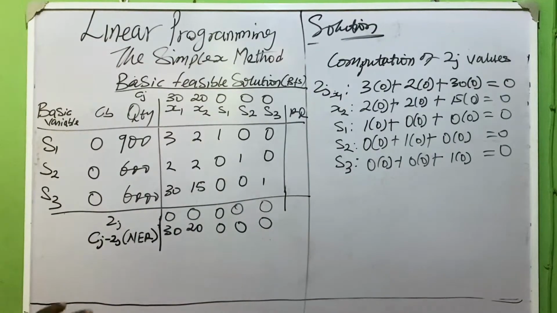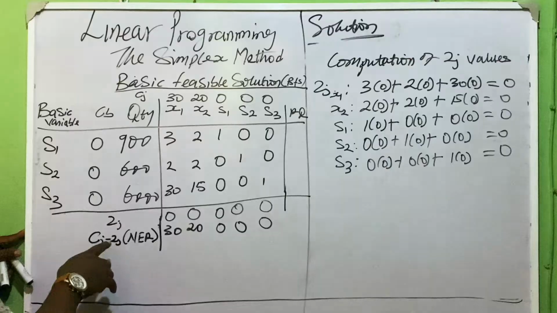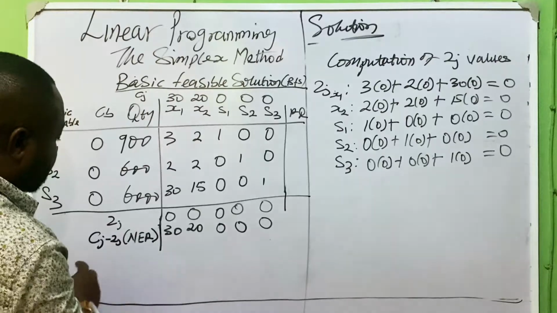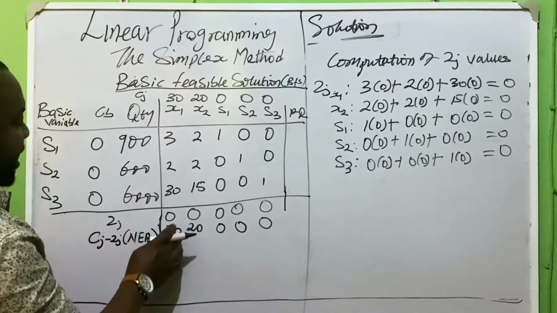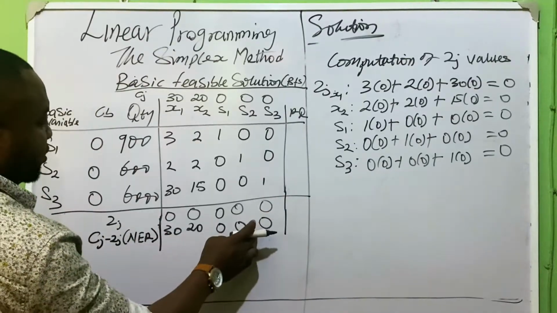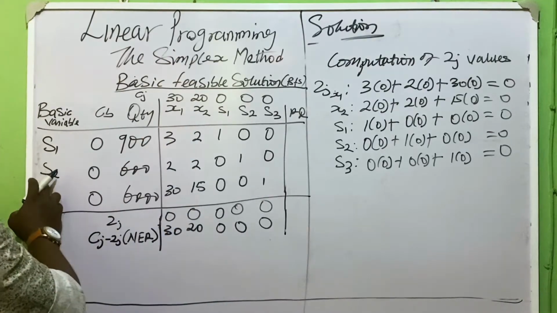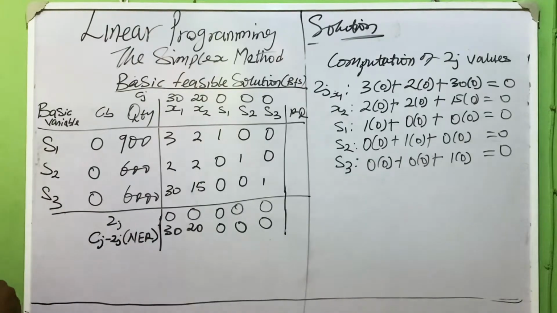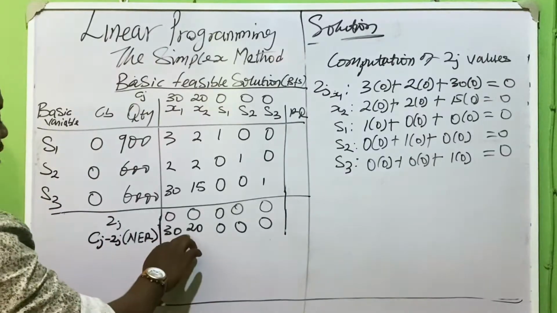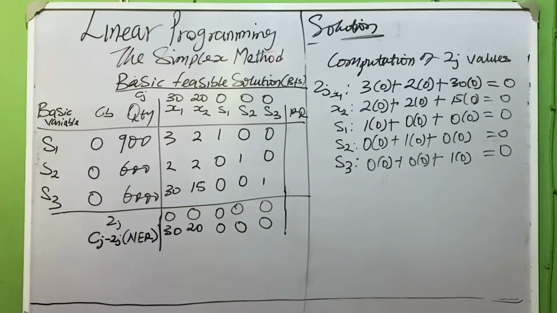So clearly, for a maximization case, the solution becomes optimal when all the values in Cj minus Zj, that is the net evaluation rule, are either negative or zero. By simple inspection, we can see that we still have positive values, which means that introducing x1 into the basis has the potential of improving our profit standing, and introducing x2 into our basis, because it still has this positive value, also has the potential of improving our profit standing.